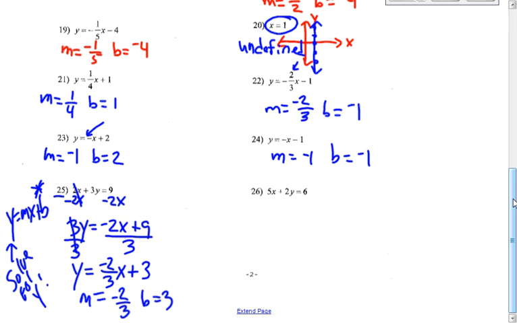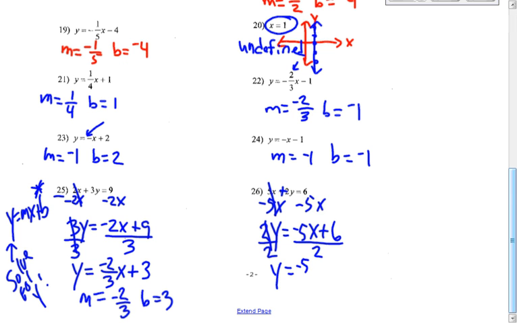I think this says plus. I have to solve for y. Subtract 5x on both sides. This is 2y equals negative 5x plus 6. Then I divide by 2 on both sides. And you get y equals negative 5 over 2 x plus 3, because 2 goes into 6 3 times.